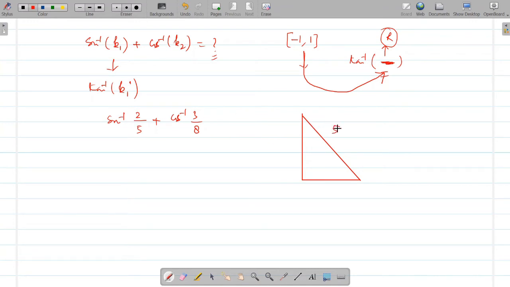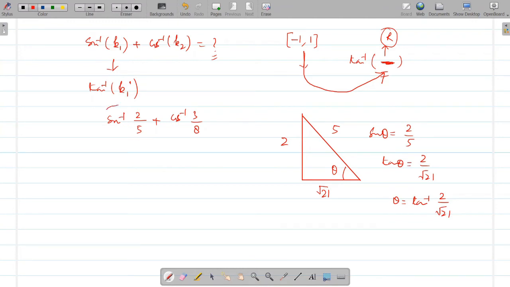So this is 5, this is 2. You can find this: under root of 25 minus 4, under root of 21, you will get there. So if this angle is theta, sine theta's value is given as 2 by 5. So tan theta value you will get 2 by under root of 21. So theta is tan inverse of 2 by under root of 21.